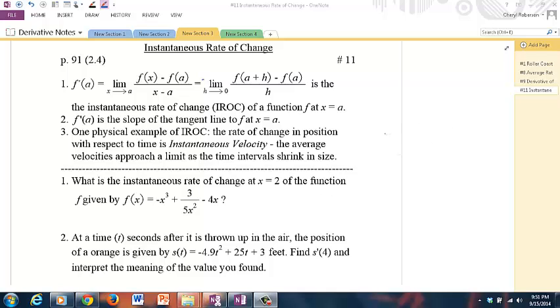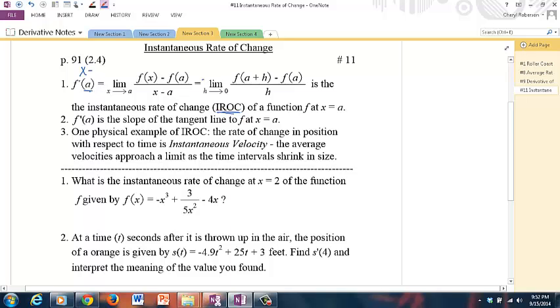Okay, note card 11 is on instantaneous rate of change, and that's what we were referring to as IROC, instantaneous rate of change. And number one, we're given our IROC, or the derivative of a function, at a given value of a.